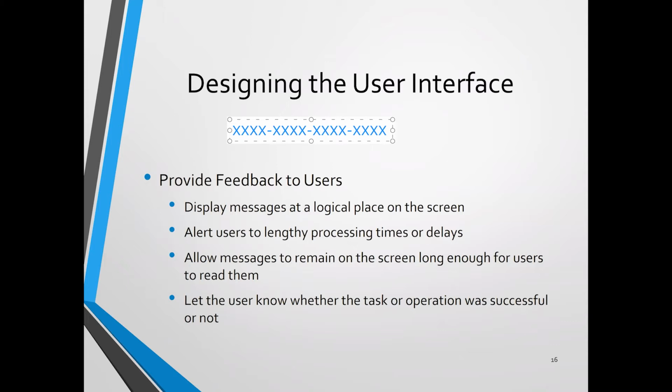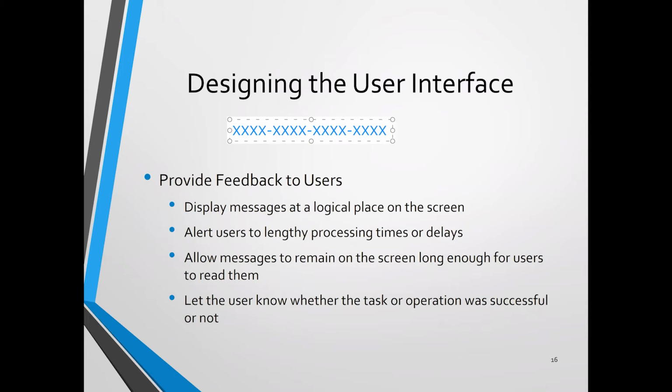After that, you should alert users to lengthy processing times or delays. Normally we put it on the bottom left corner of the screen. If the system is ready, you show the word ready or online, something like that, so that the users know that the system is connecting with the user's computer.